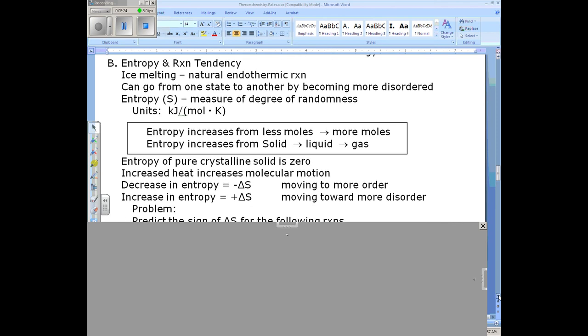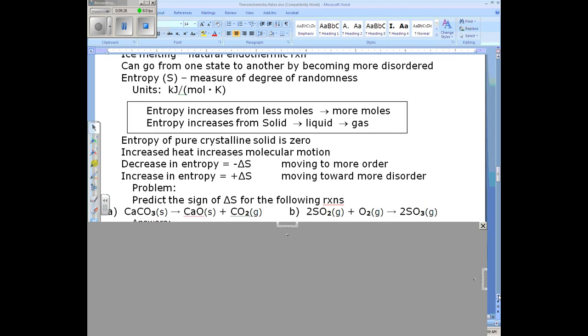So we're going to try and predict the sign of delta S for these two reactions. So let's look at A. In this particular one, we have calcium carbonate going to calcium oxide and carbon dioxide.